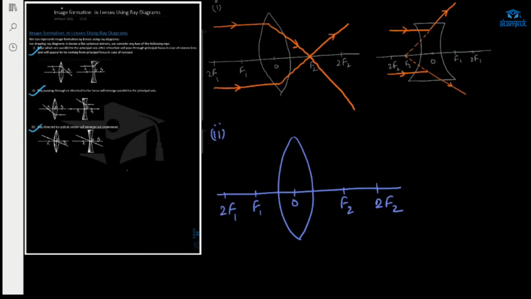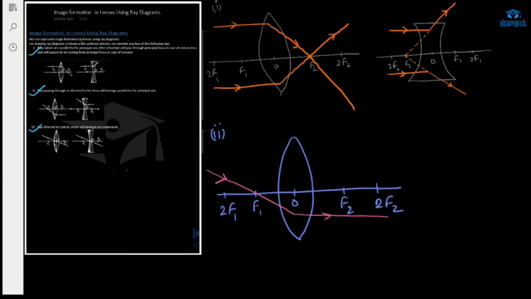So when a ray of light passes through the focus, after refraction, it becomes parallel to the principal axis.